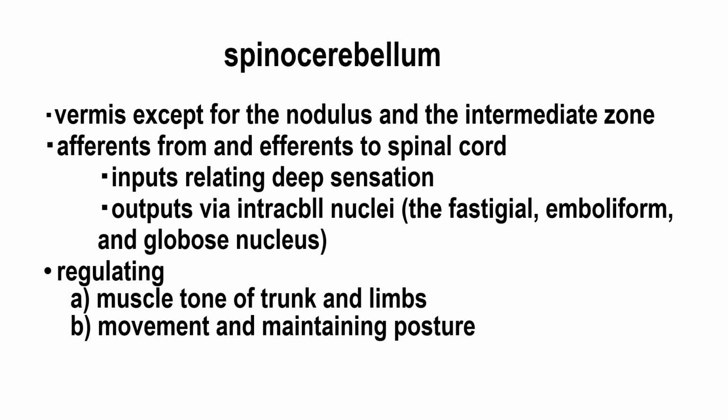The spinocerebellum outputs fibers mainly to the spinal cord via cerebellar nuclei, such as the fastigial nucleus, emboliform nucleus, and globose nucleus, and is involved in regulating muscle tone of the trunk and limbs, as well as in regulating movement and maintaining posture.